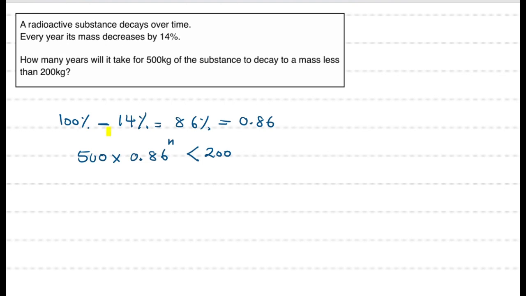It's important to note that in this case, the multiplier is less than 1.